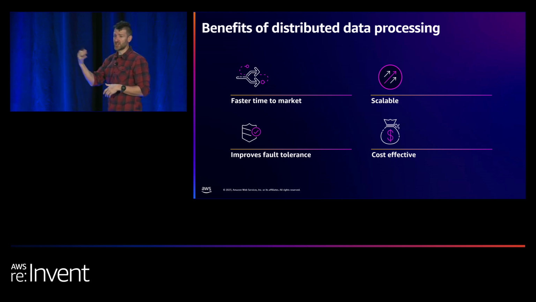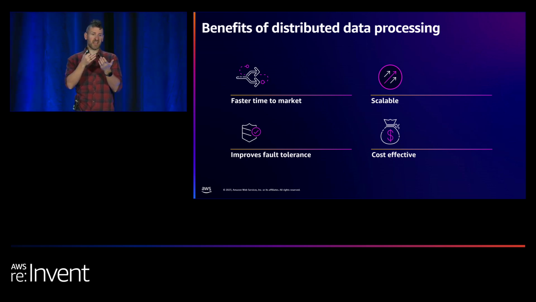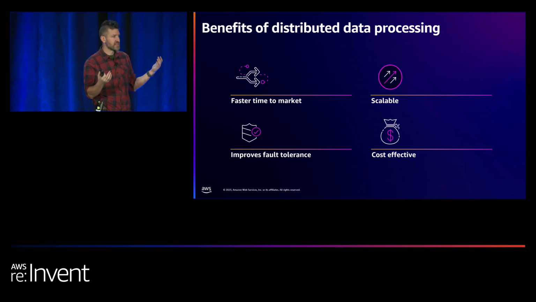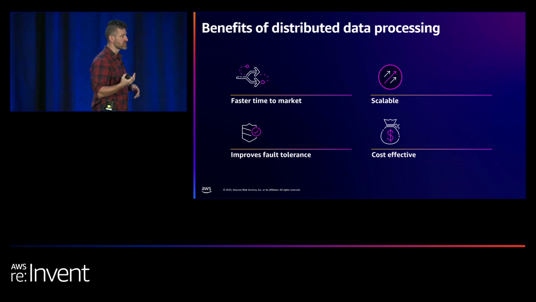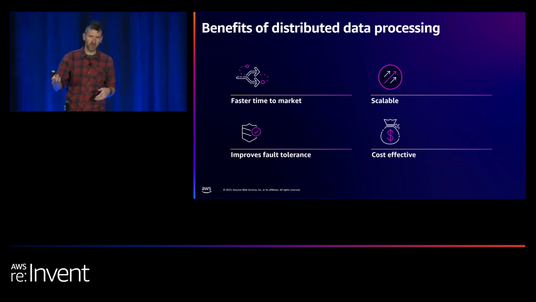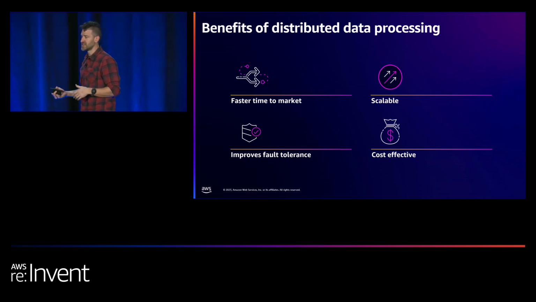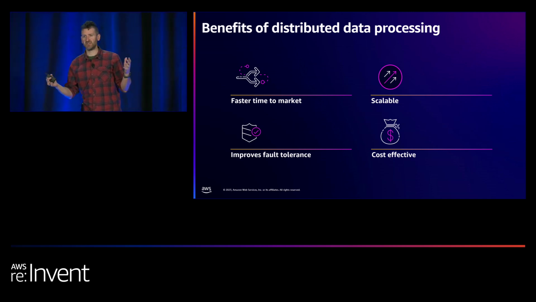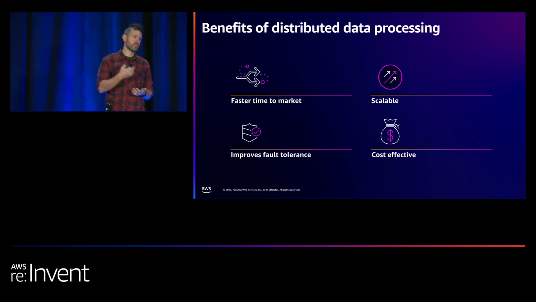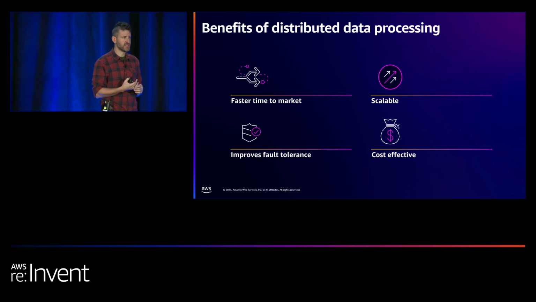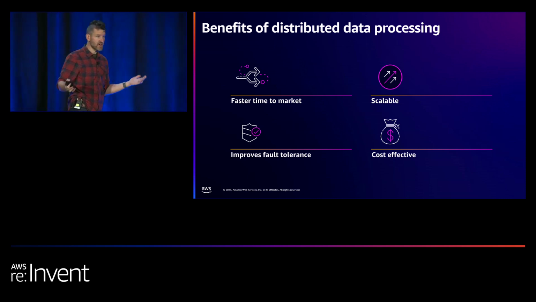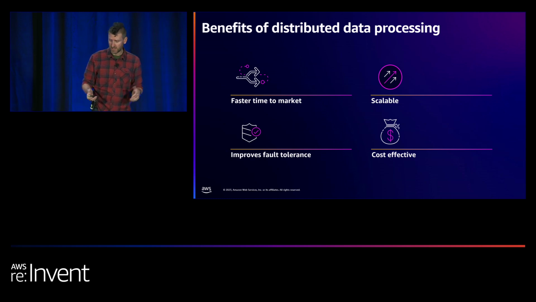You get improved fault tolerance, because if one of those compute nodes that is processing some of that data happens to fail, that coordinator function can rerun those on another node, and you're not failing the whole 500,000 invoices that you're processing. You're just failing a smaller subset, right? And so you can just rerun that smaller subset. And if you do it right, it's fairly cost-effective as well.